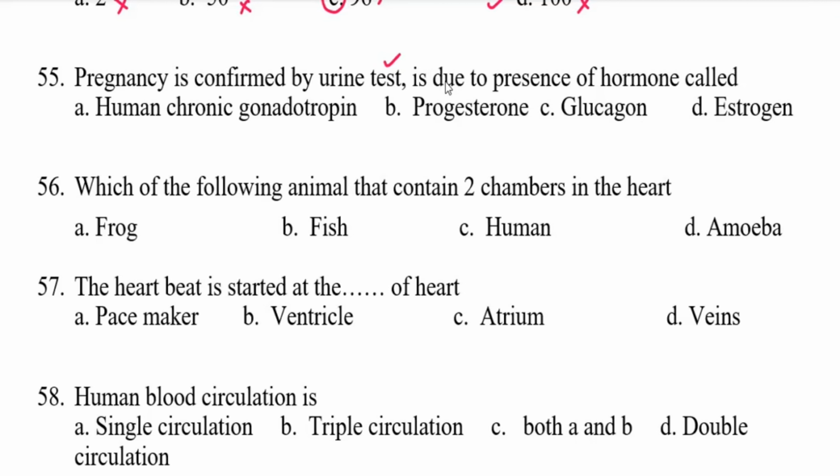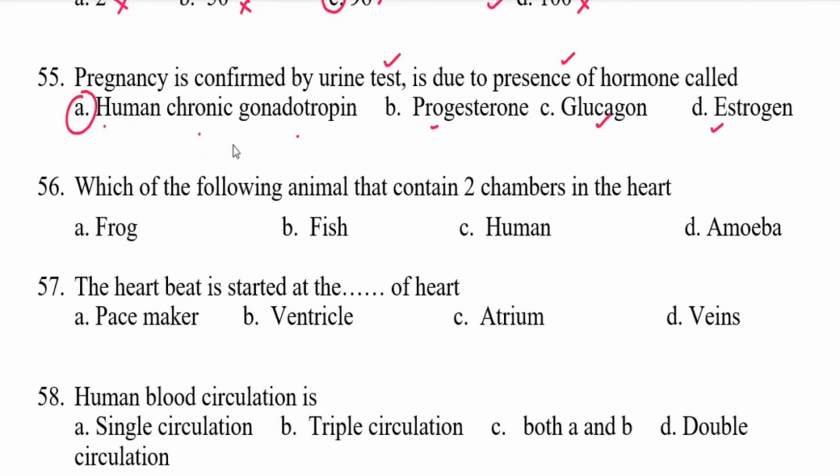If the hormone is present in urine, she is definitely pregnant. If not present, she is definitely not pregnant. So the question is which hormone is present in urine during pregnancy. The options are human chorionic gonadotropin, progesterone, glucagon and estrogen. The correct answer for this question is human chorionic gonadotropin.